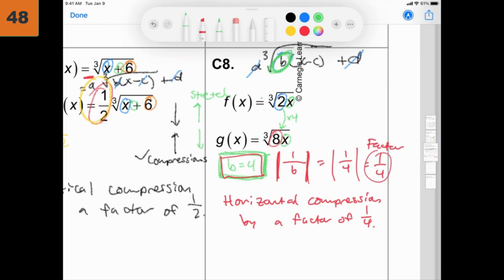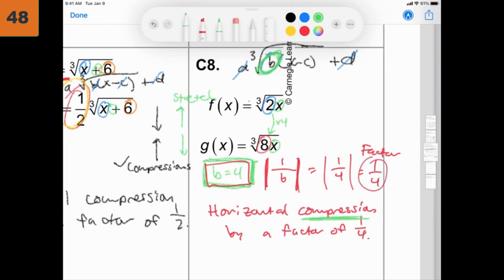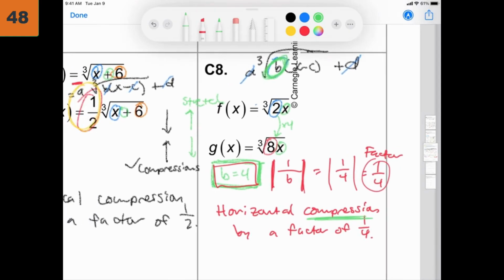Let me show it to you one other way by using a table of values. Again, I'm trying not to use the graph. So if I did the blue here with a table, 2 times some number x, for x I'm going to put 4. Why did I pick 4? Because 4 times 2 is 8, and the cube root of 8 is 2.